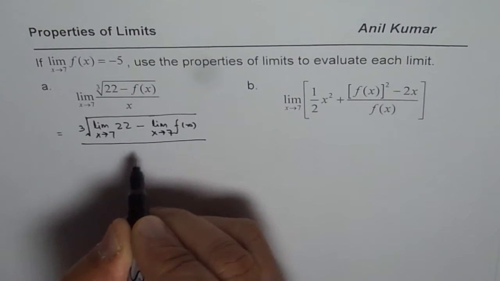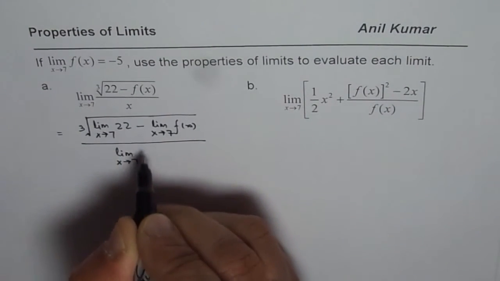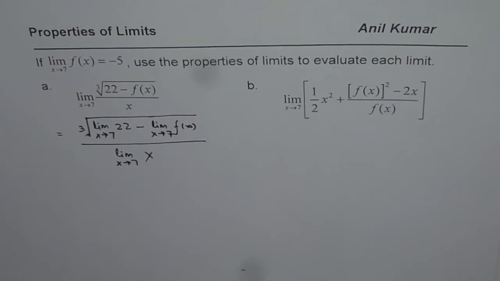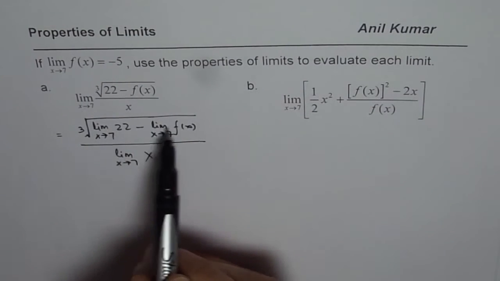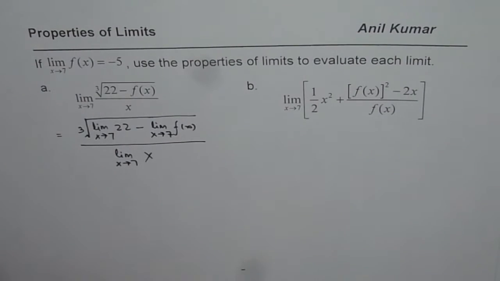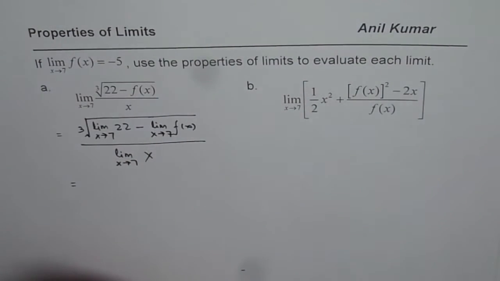Divided by limit x approaches 7 for x. So that becomes overall quotient limit, which we first applied, that is the property, and then within the cube root we are applying the difference of limits, right?